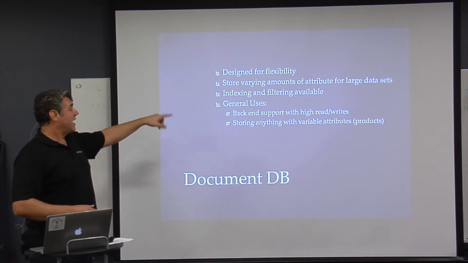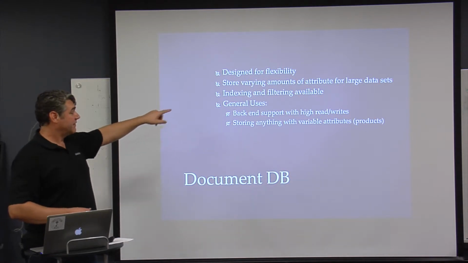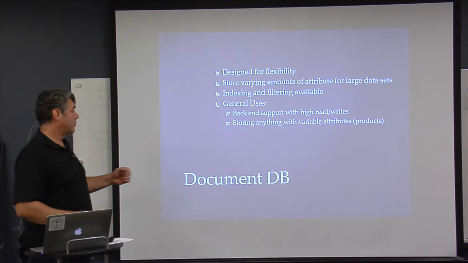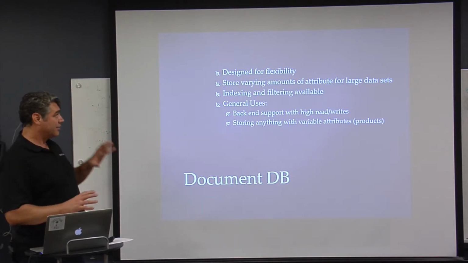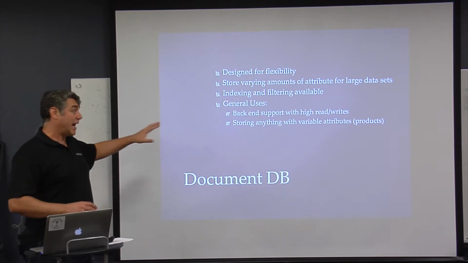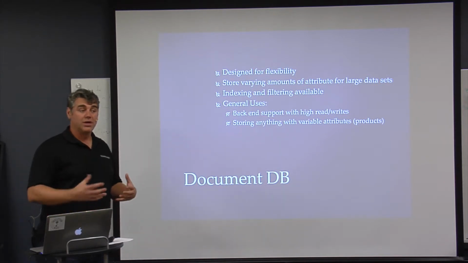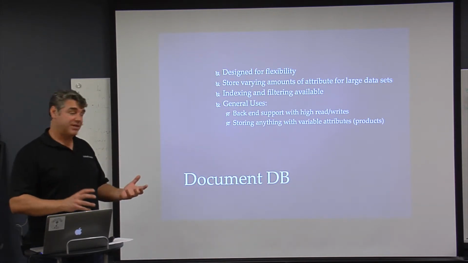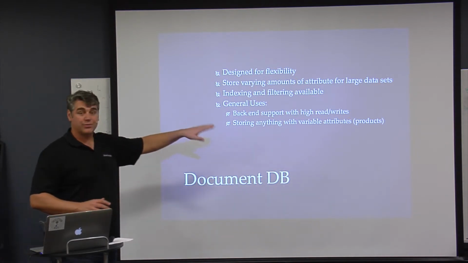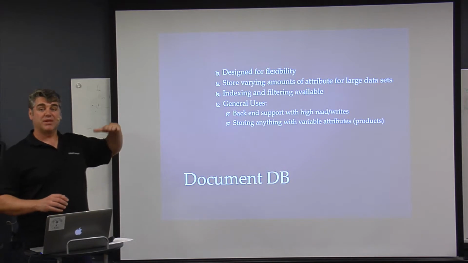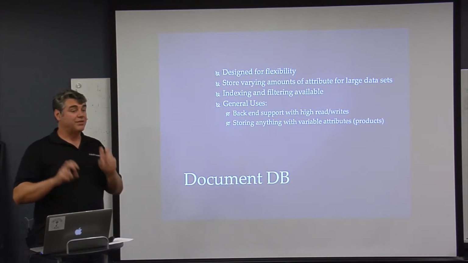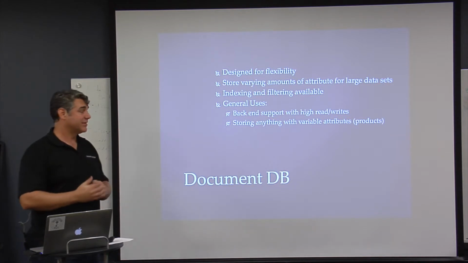It does offer some indexing and filtering. You can search what is in the document as well, with filtering and other technologies. General uses are kind of the same as for a regular relational database: any type of web page where you have high reads and writes, where you're okay with the data not being quite consistent yet.